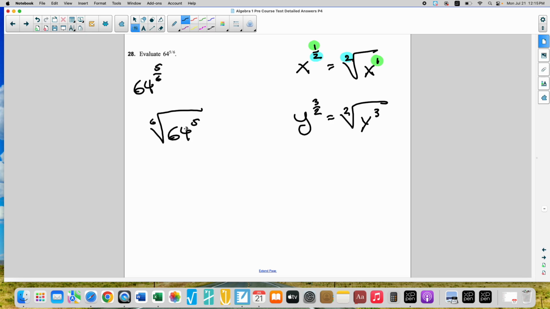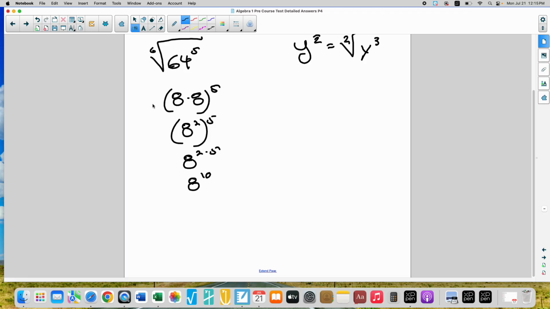Now, 64 is a very special number. We know that 8 times 8 is 64. And we can write 8 squared to the fifth, which would be 8 to the 2 times 5, or 8 to the 10th. And then that would be the sixth root.